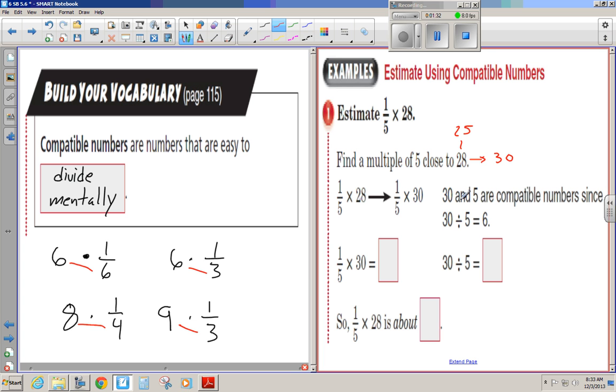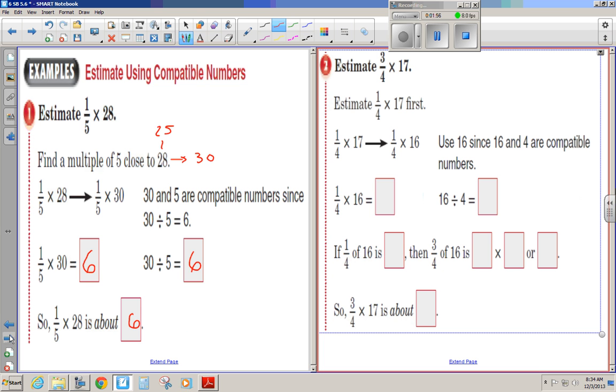That means 30 and 5 are compatible numbers since they are multiples of each other. So now we do the estimating. 1/5 of 30. Well, 30 divided by 5 is 6. So you can say that 1/5 times 28 is about 6. You can use this estimation and dividing mentally to answer these problems very quickly.